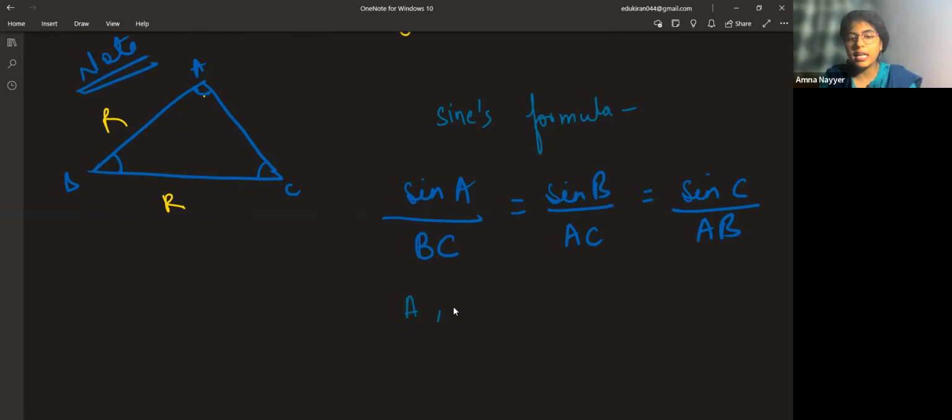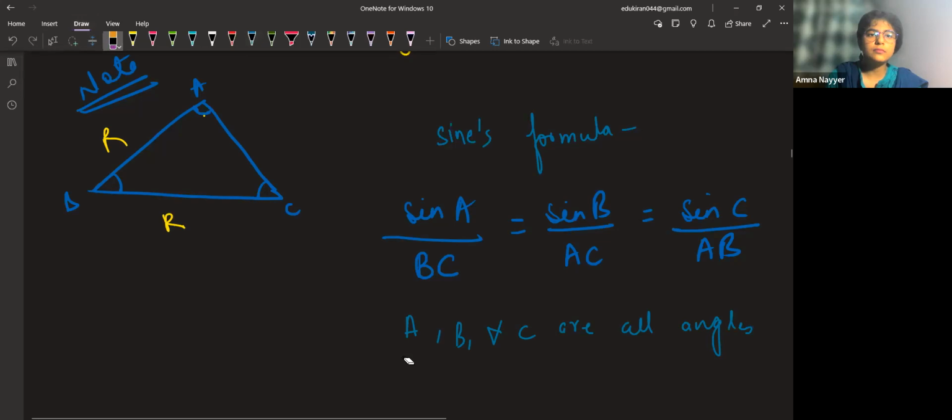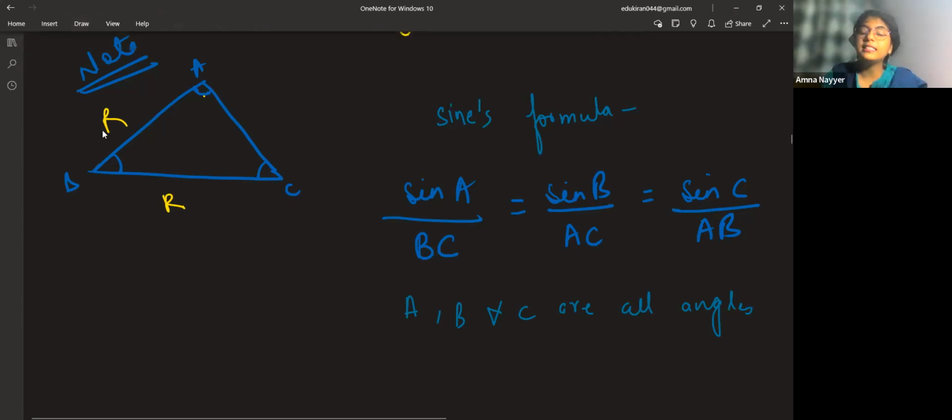And what are A, B, and C? They are all angles. Fine, this is just a note. This is just a formula. Just in case this comes in your school exam, do not leave it, attempt it.